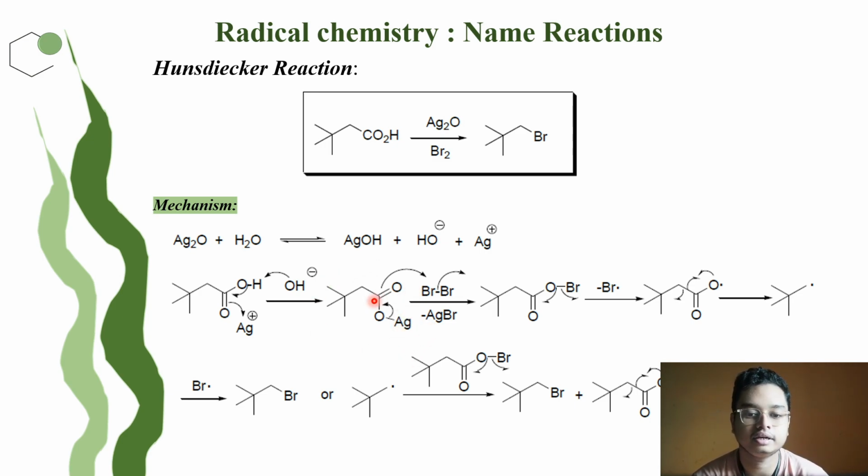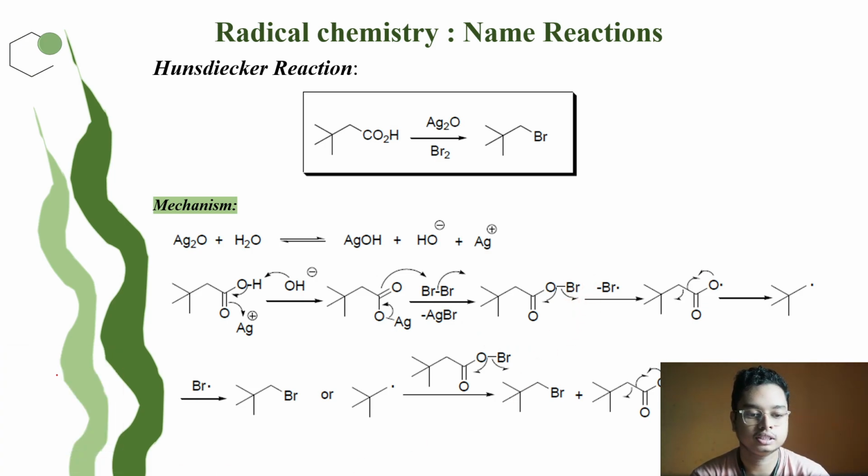Now this intermediate will again react with the bromine part. Okay, till here there is no radical step involved, but by preparing this compound, the radical pathway is introduced. Now this can undergo two different pathways.